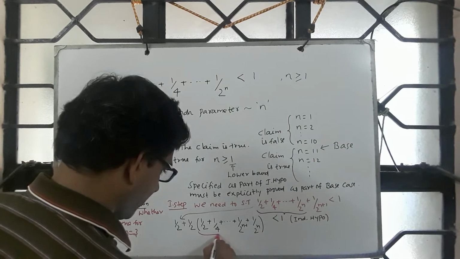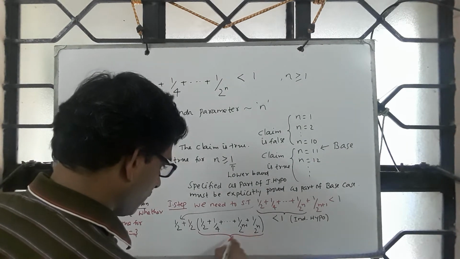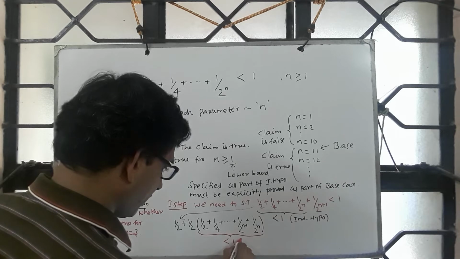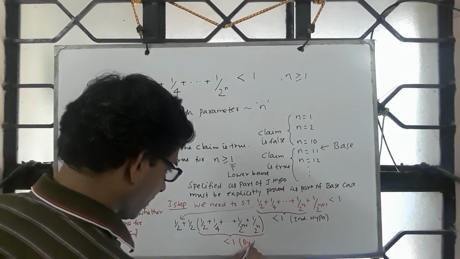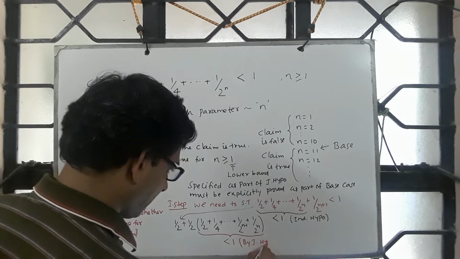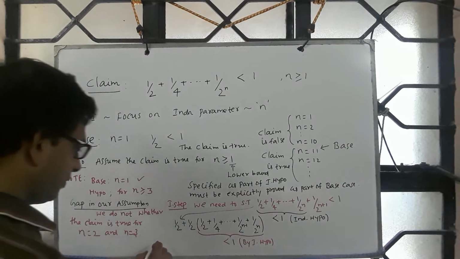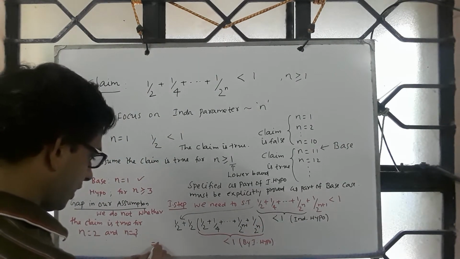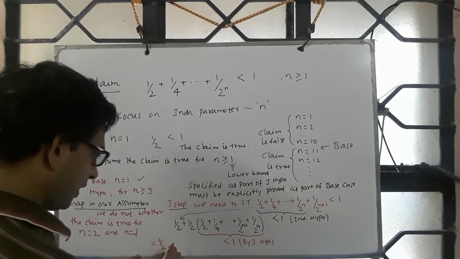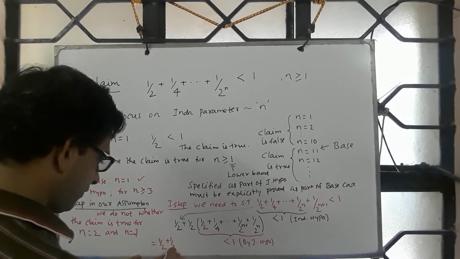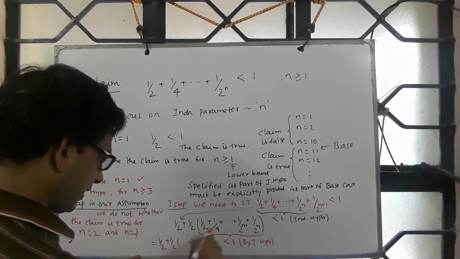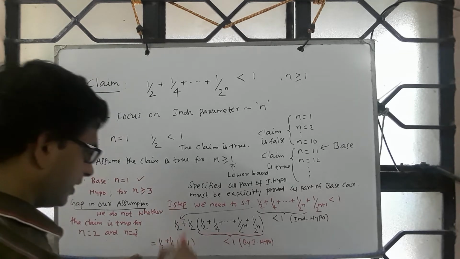Now by the inductive hypothesis, we know this one is less than 1. This is by the inductive hypothesis. Fine. So what we have is half plus half of this quantity, and we know this quantity is strictly less than 1.